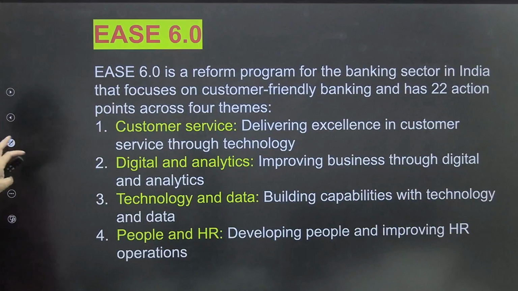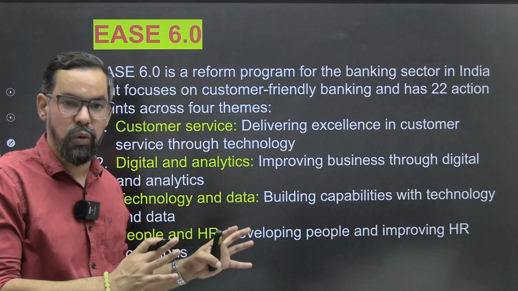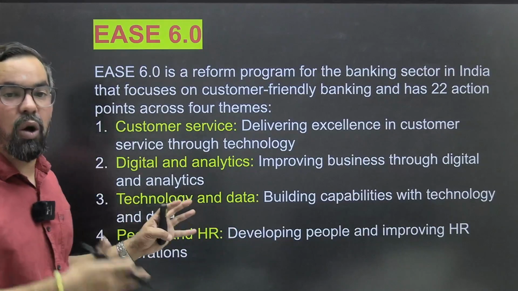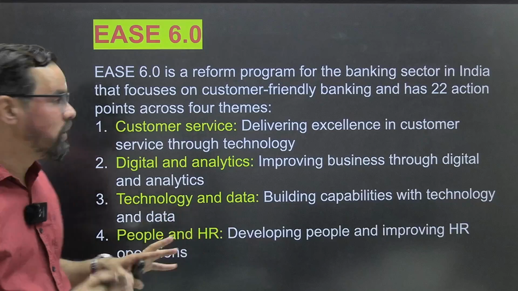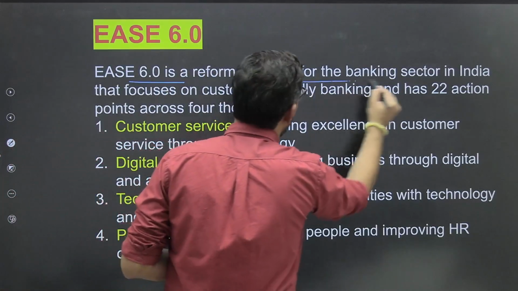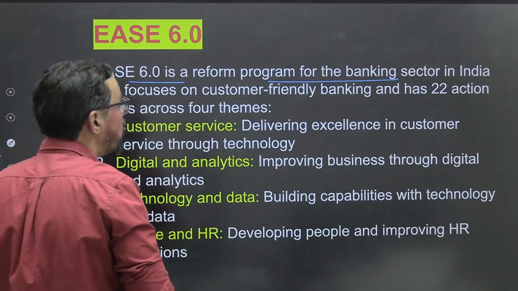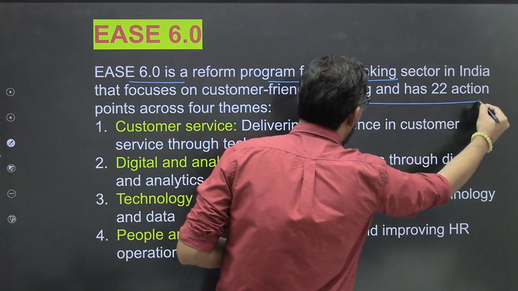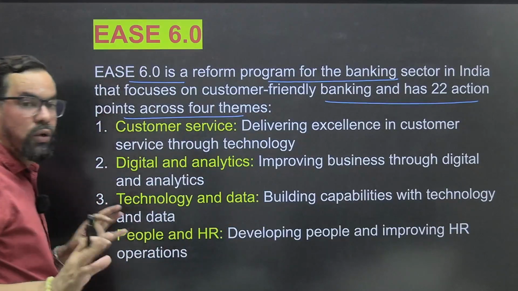Okay, so we will go through all these one by one. First we will discuss EASE 6.0 and EASE 7.0, then we will discuss all the variants in this series. EASE 6.0 is a reform program for the banking sector in India that focuses on customer-friendly banking, and 22 action points across 4 themes.